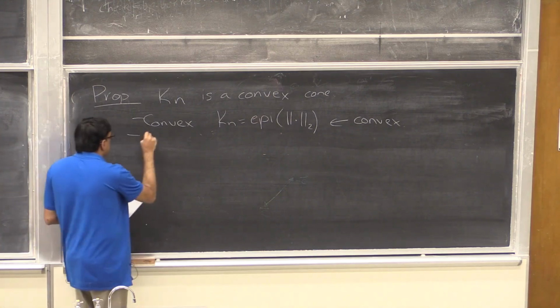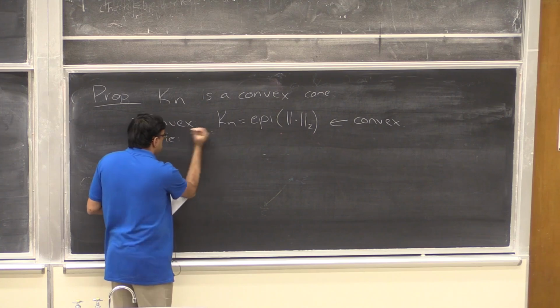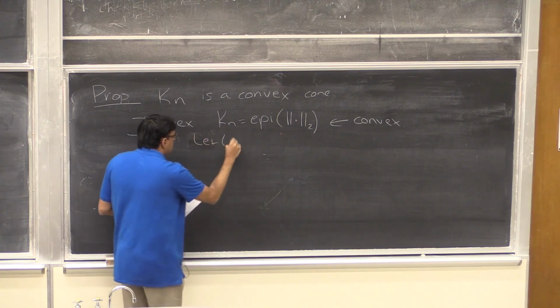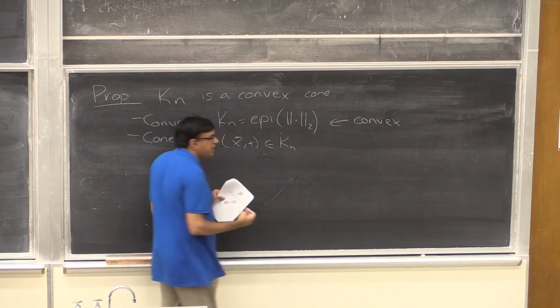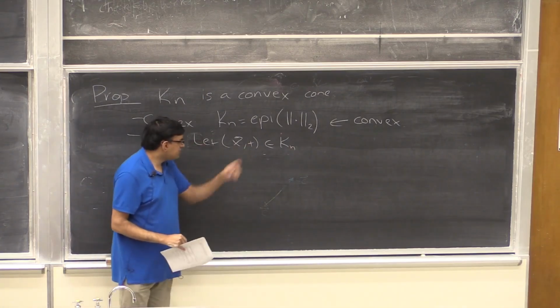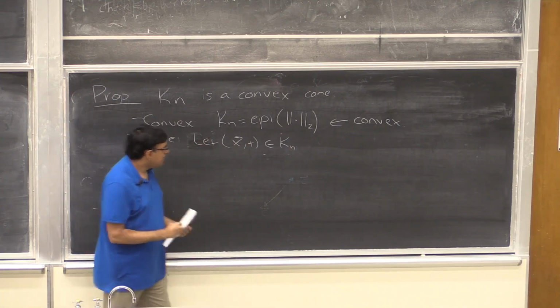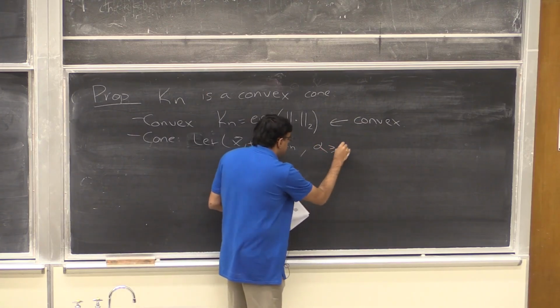Why is it a cone? Let (x, t) be in K_n. As a reminder, x is a length n vector and t is a scalar, so this is really a vector in R^(n+1). So (x, t) is in K_n, and let alpha be greater than 0.